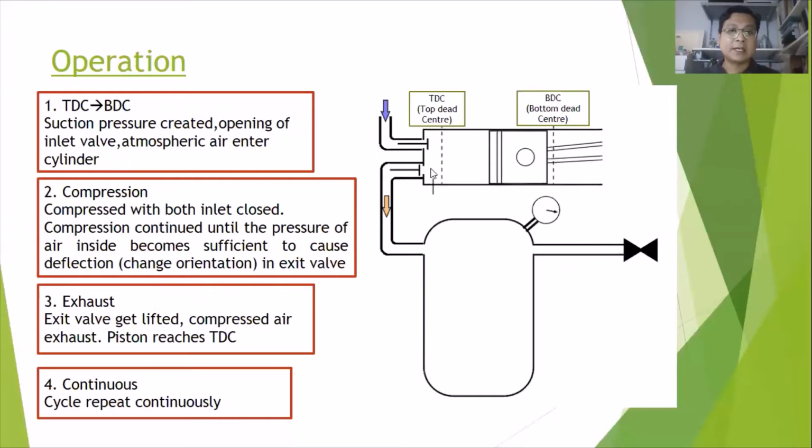So through the outlet valve, the pressure will change to higher. Then after that, the third stage is exhaust. As this valve gets lifted, compressed air exhausts until the piston reaches TDC. And then the cycle repeats continuously. Whatever the process, the cycle should be repeated.